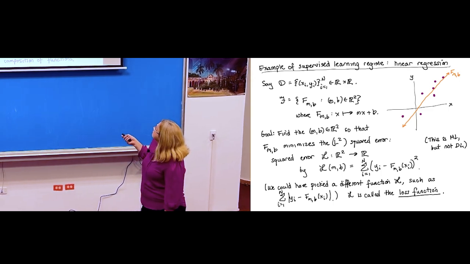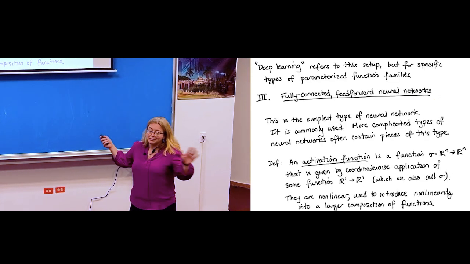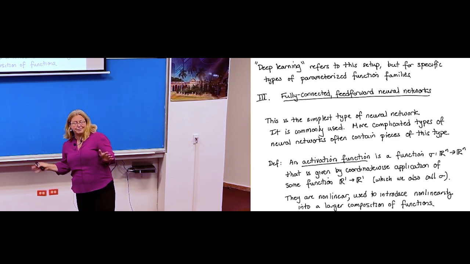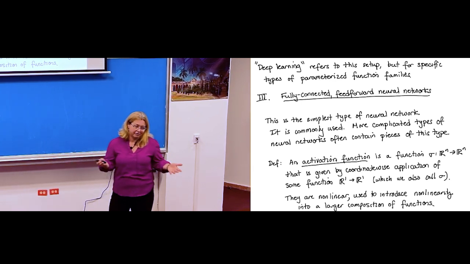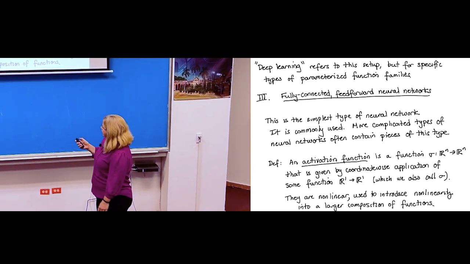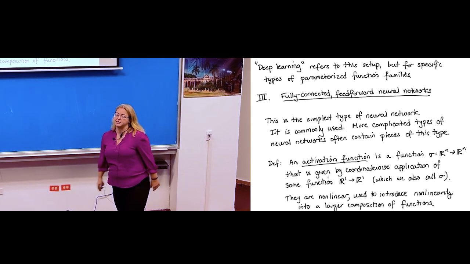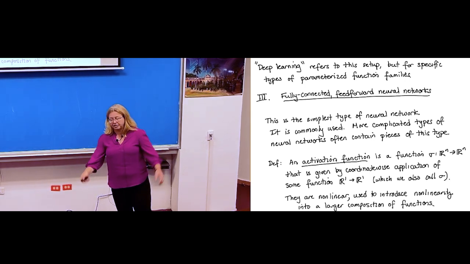Okay. All right, so that's the general setup. Basically we want to do that, but for more complicated families of functions. And so this brings us to deep learning. It's exactly this setup, but for specific types of parameterized function families.